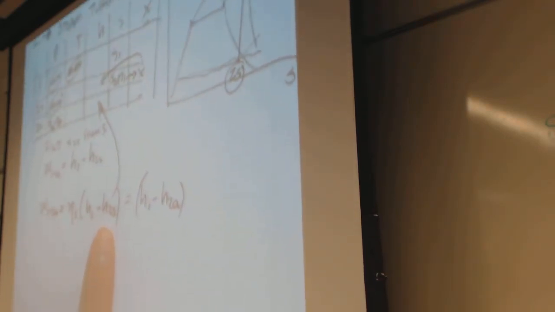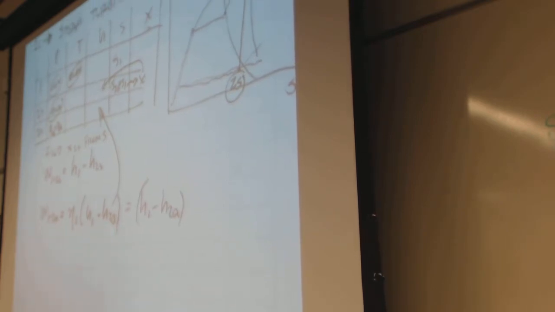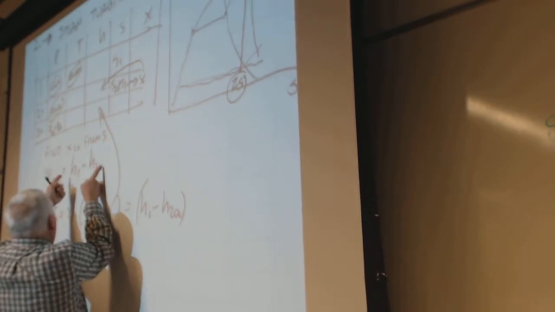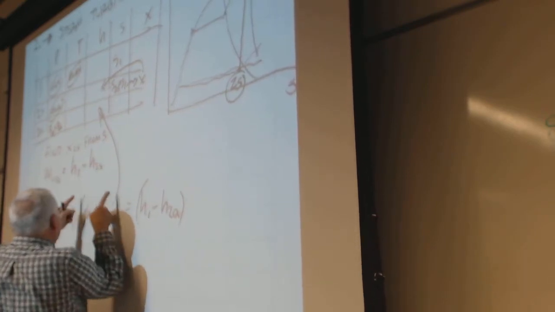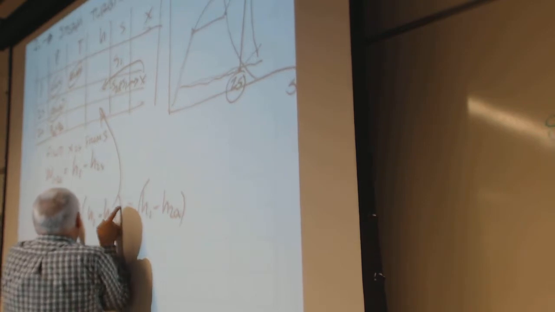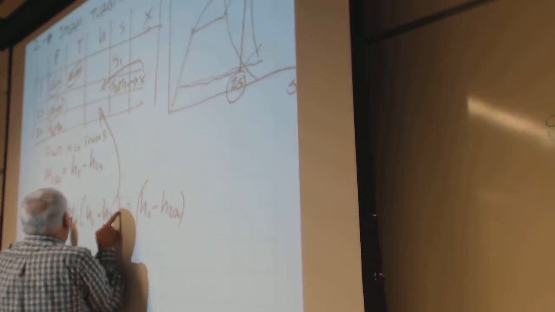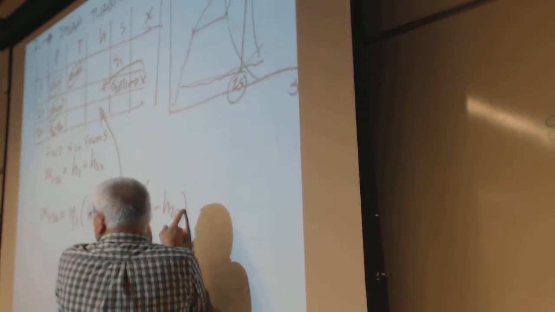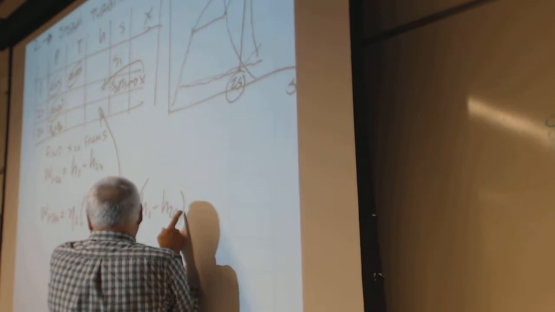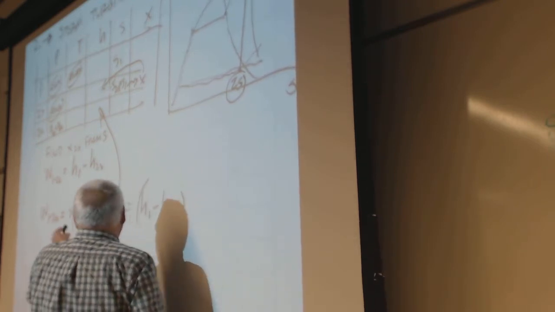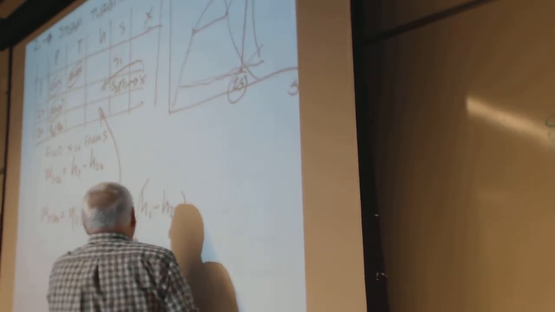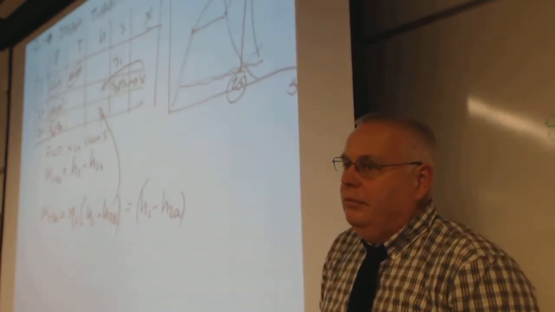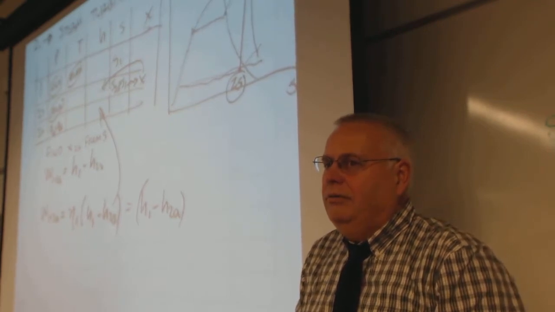I'm sorry. This is the amount of energy available to be converted. 90% of this value would be how much got done, but that's also H1 minus the H2 actual output. So I screwed up that. Efficiency times the energy available equals energy converted. Crucial mistake there.